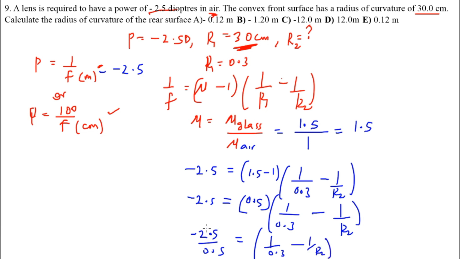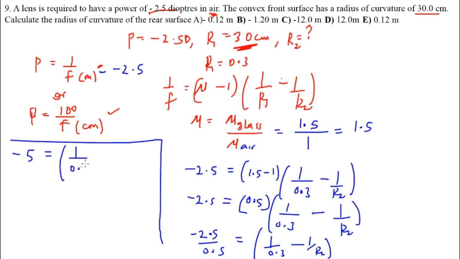I divide both sides by 0.5, so minus 2.5 divided by 0.5, which is minus 5, equals 1 over 0.3 minus 1 over r2. I transfer minus 1 over r2 to the other side so that it becomes positive, and then it equals 1 over 0.3 plus 5, which is the same as 25 over 3.